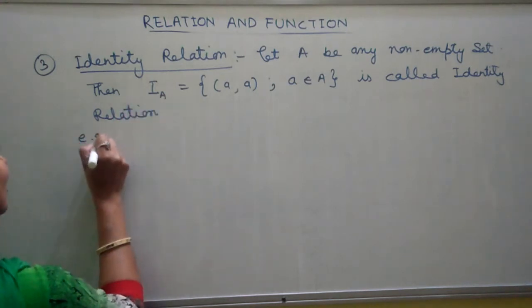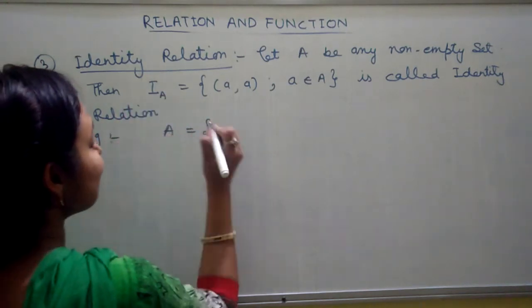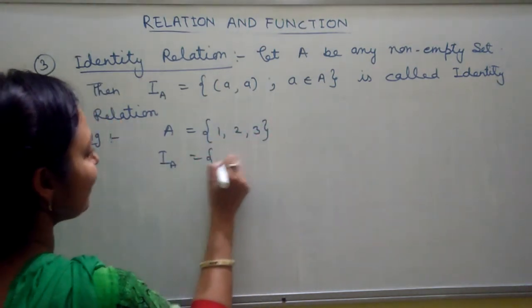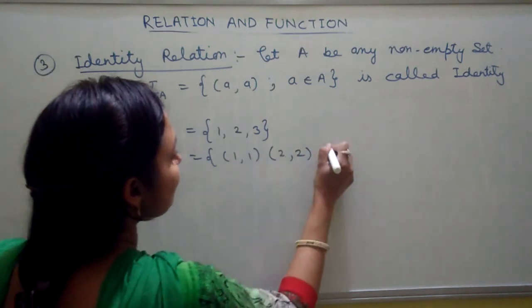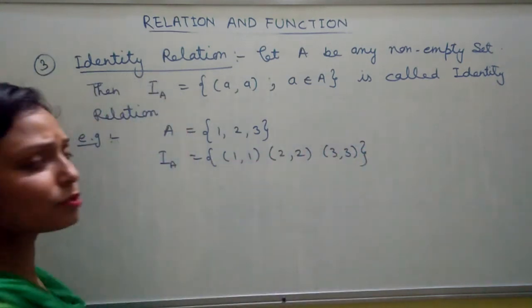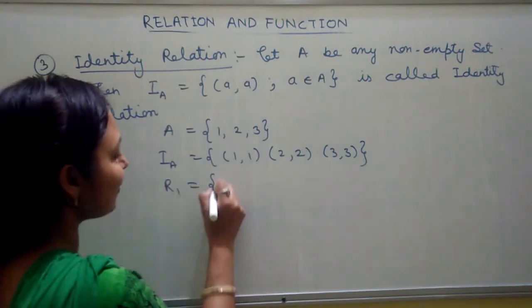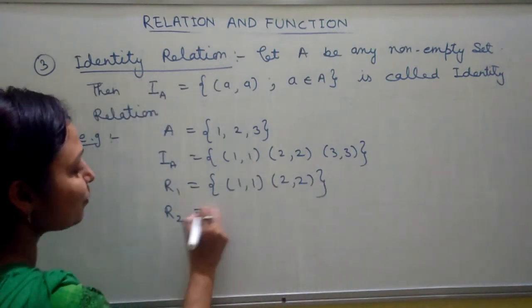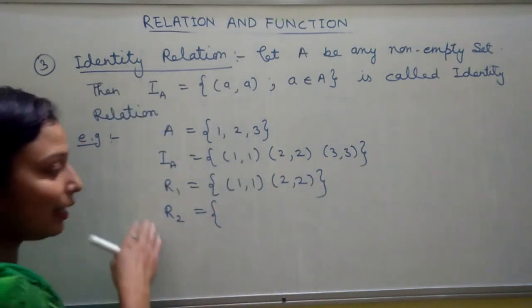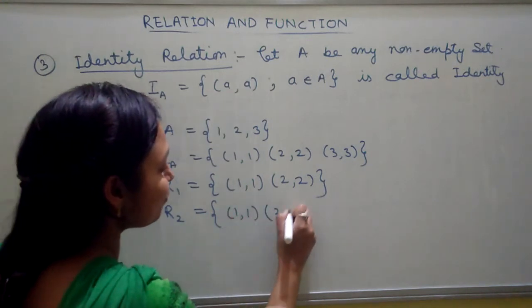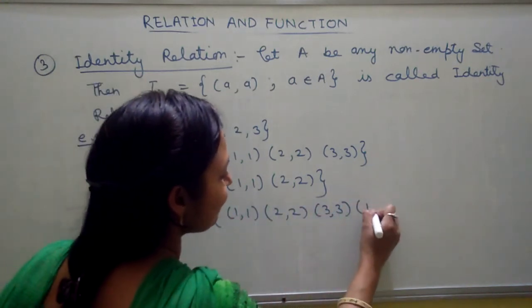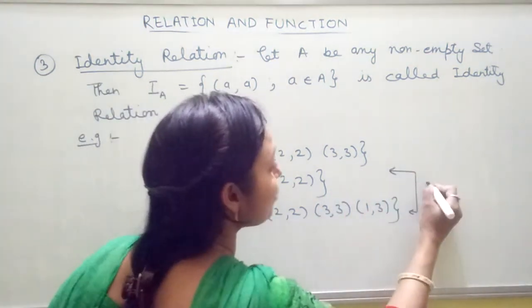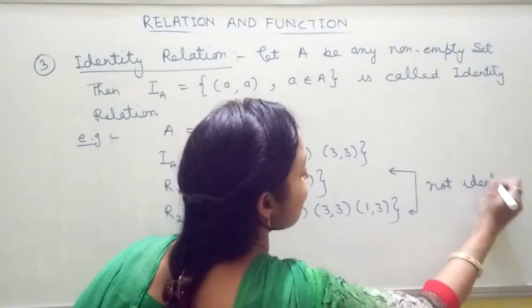For example, we have a set A = {1, 2, 3}. Then I of A equals {(1, 1), (2, 2), (3, 3)}. Let us suppose we have one relation R1 that has two elements, (1, 1) and (2, 2), and a second relation R2 that is {(1, 1), (2, 2), (3, 3), (1, 3)}. But these two are not identity relations.